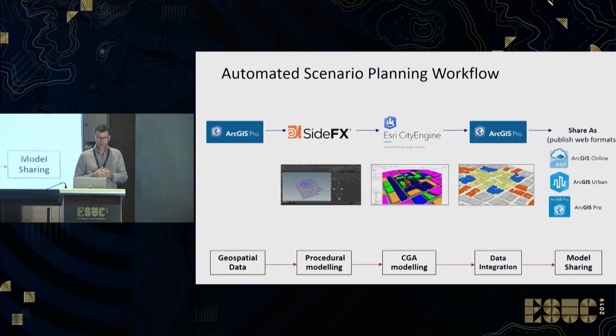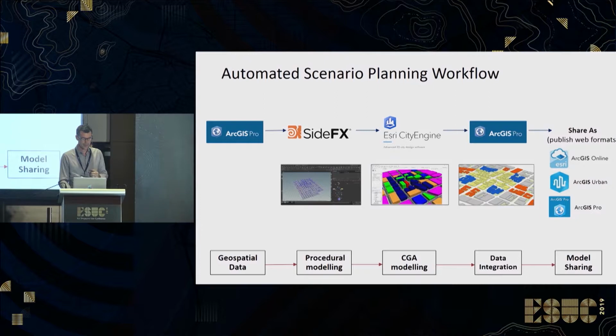The way we do that is that we start in ArcGIS and we end in ArcGIS, and in between we have a workflow that ties together a number of different tools. It's really using the best tool for a particular stage of the workflow, but everything starts in ArcGIS Pro and ends in ArcGIS Pro.